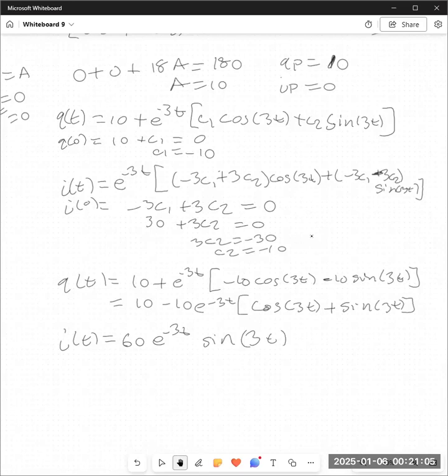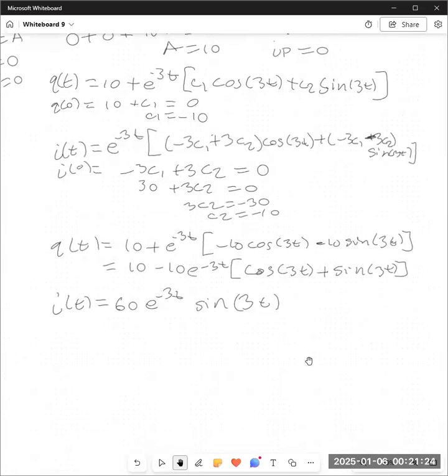And then when we want to find the maximum charge on the capacitor, we have a couple of options. We could graph Q of t and find the maximum, or we can use our first derivative test or second derivative test, something like that. I'm going to use the first derivative test and say, where is I of t equal to 0, since it's the first derivative of Q, and I want to find maximum charge.